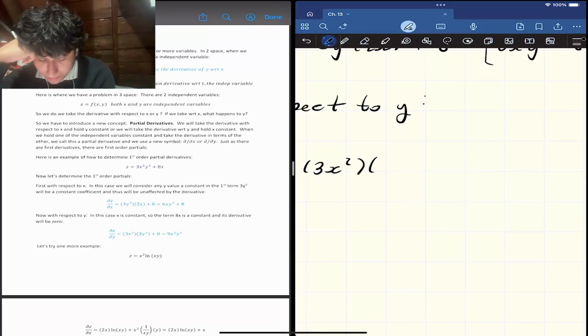I'm confused. I get that 8x would become 0. That 3x squared would be pulled out, right?